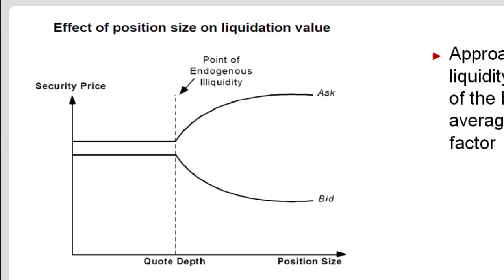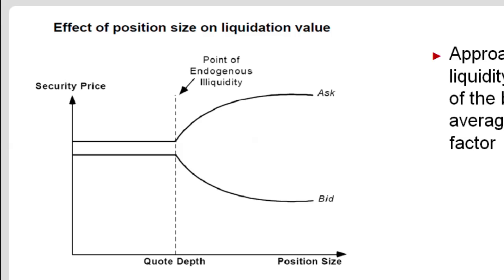However, the more we move to the right side of this chart, if our position is quite large, the spread may widen further because of us, actually. So the manager trying to liquidate his large position may cause a movement in prices against him.